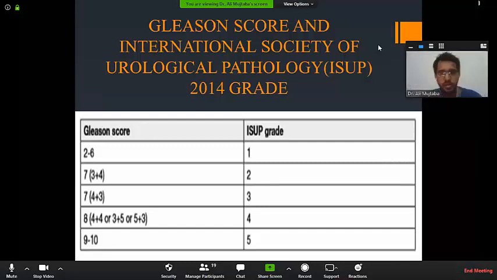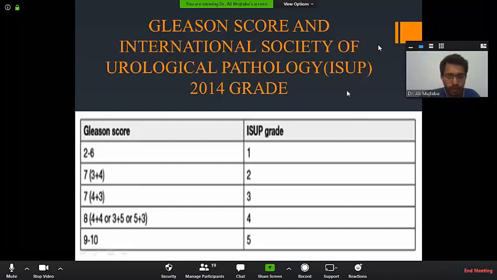International Society of Urological Pathology. A Gleason score of 3 plus 3 equals 6 indicates ISUP grade 1. A score of 3 plus 4 indicates grade 2. A score of 4 plus 3 indicates grade 3.